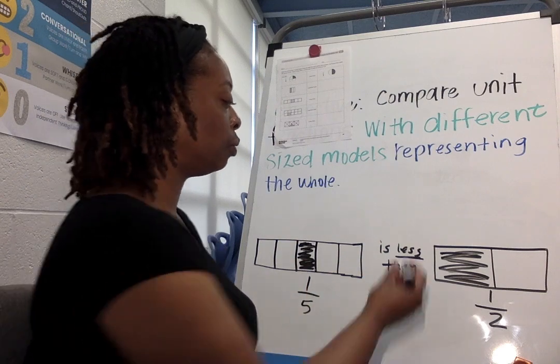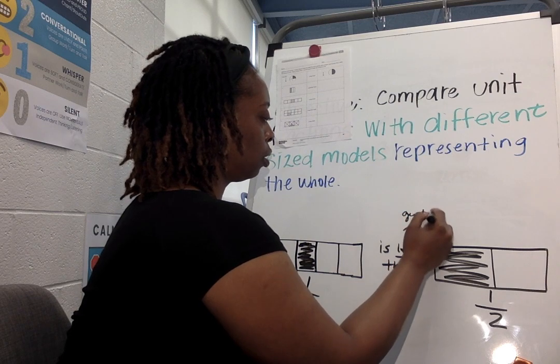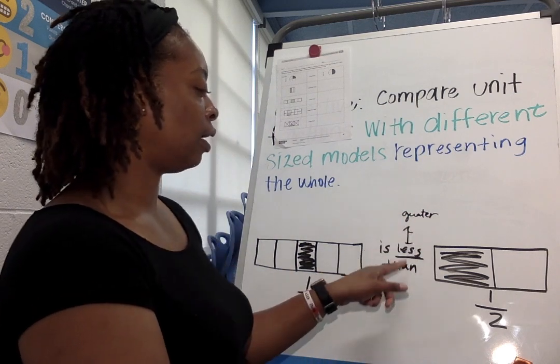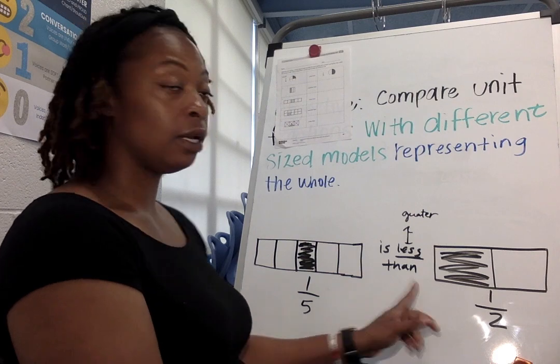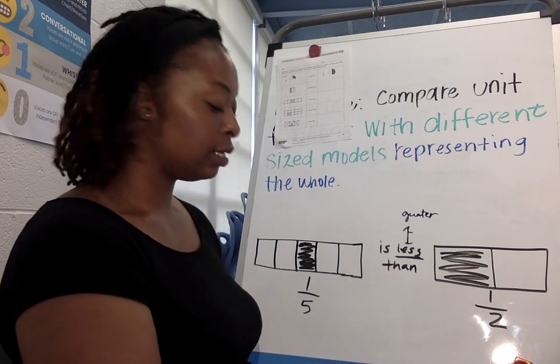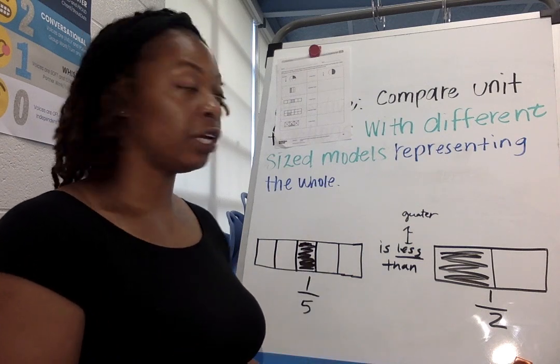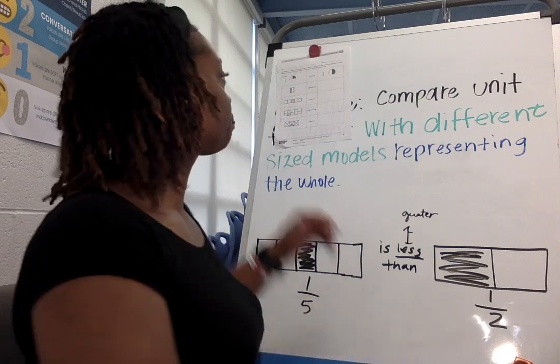So going backwards, you would switch this less to greater. 1/2 is greater than 1/5. If you're reading it from left to right, 1/5 is less than 1/2. Okay, the same way we do with multiplication and division, we flip it to check our answer.